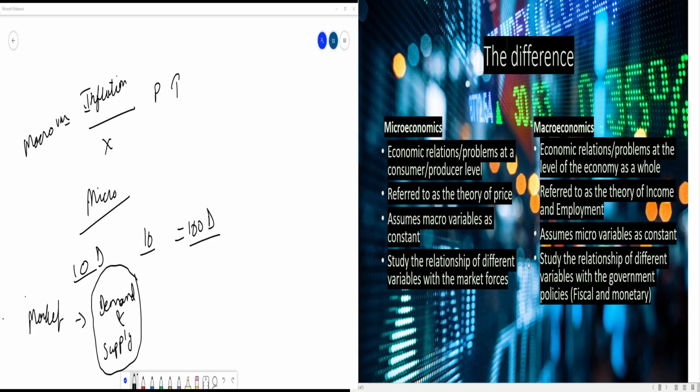And for macroeconomics, we study the relationship of different variables with government policies, fiscal and monetary policies. So in microeconomics, you establish relationships based on demand and supply. In macroeconomics, you establish relationships based on fiscal and monetary policies.